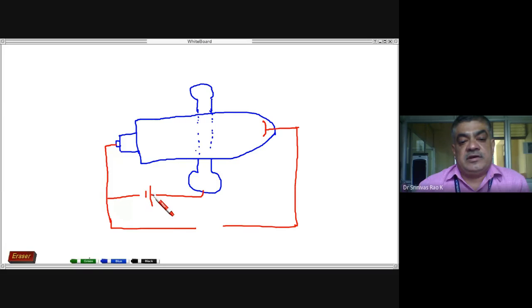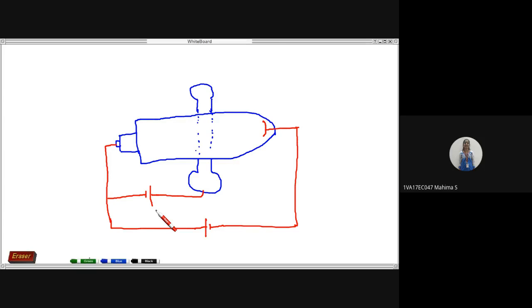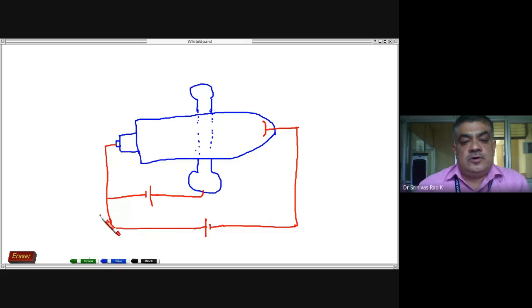They have mentioned minus, positive. Correct. But what about here? Here it is plus, minus, right? Now what will happen if I connect like this? Is this circuit okay? No, sir. That's why the power supply should not be here.